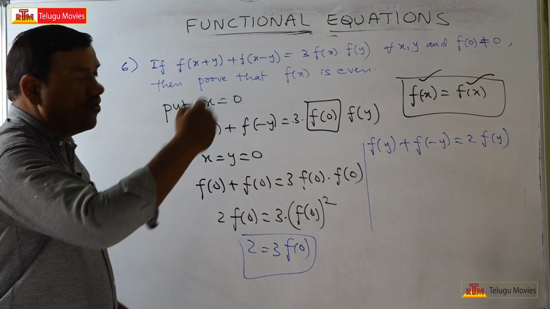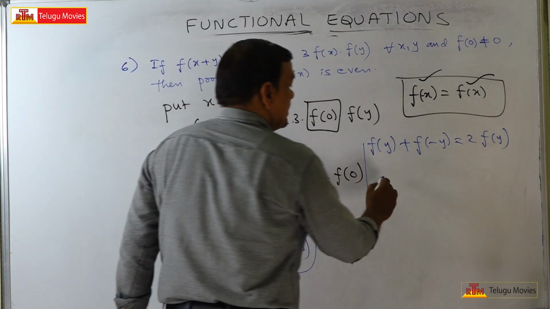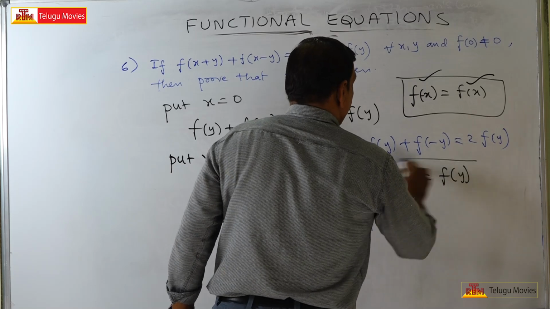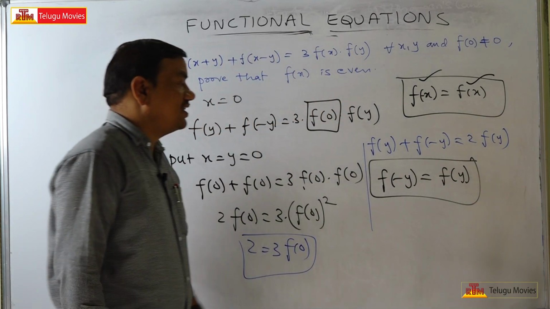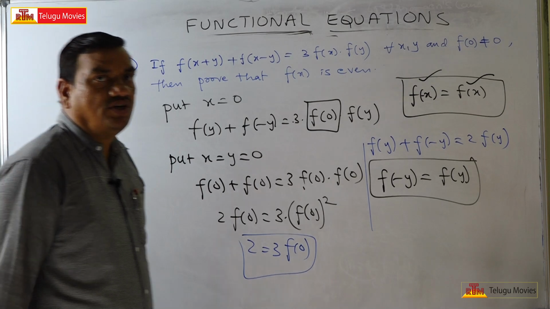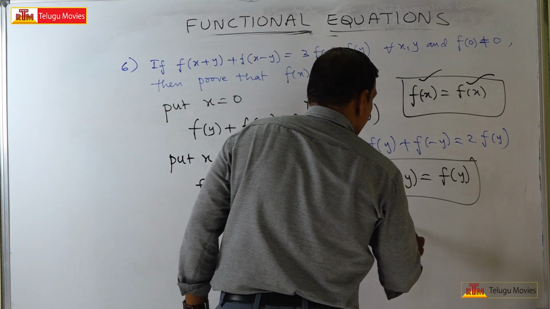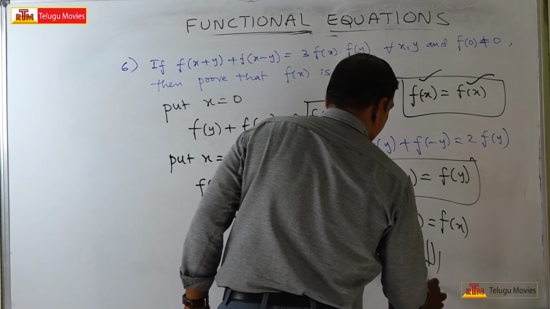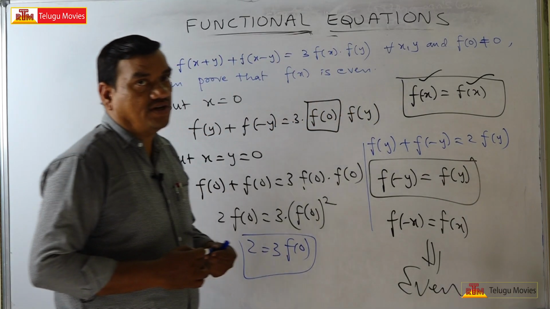Now take f(y) to the left-hand side: f(-y) = f(y). That is the even function property, in y, and we can convert it into x, no problem. f(-x) = f(x). It gives that f(x) is an even function.